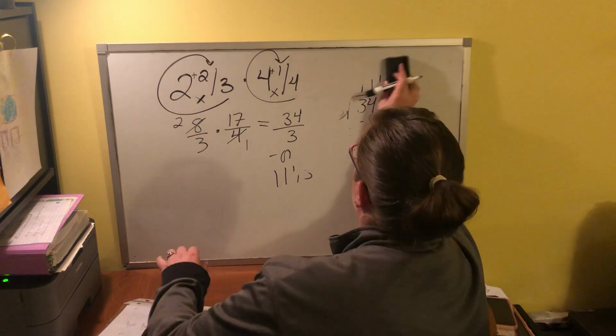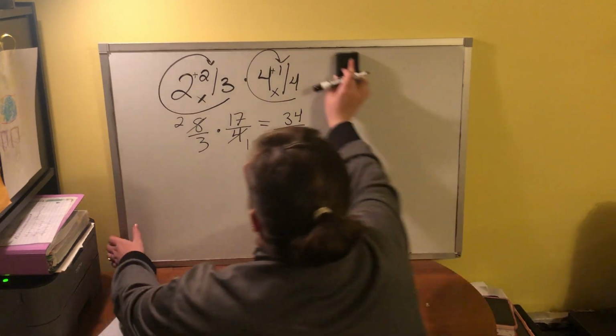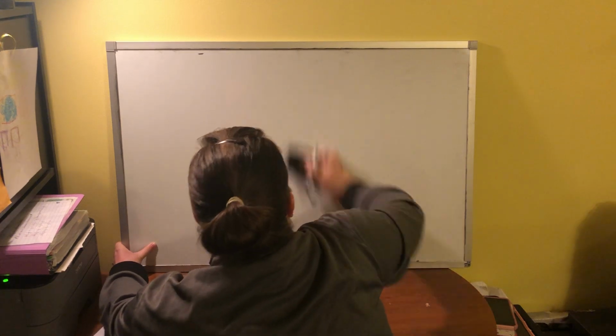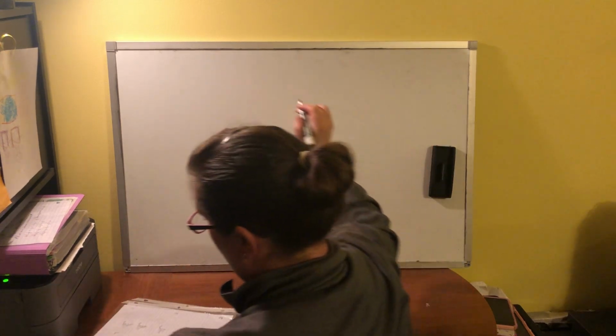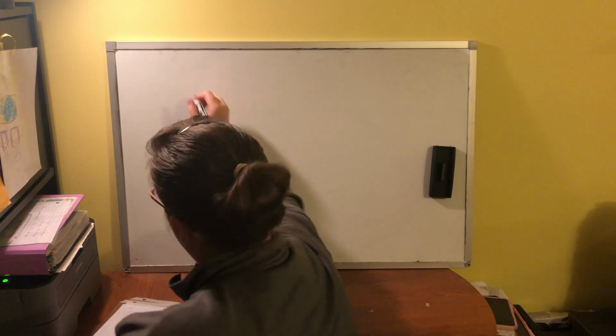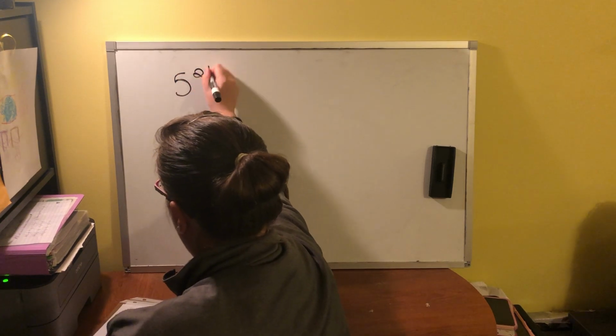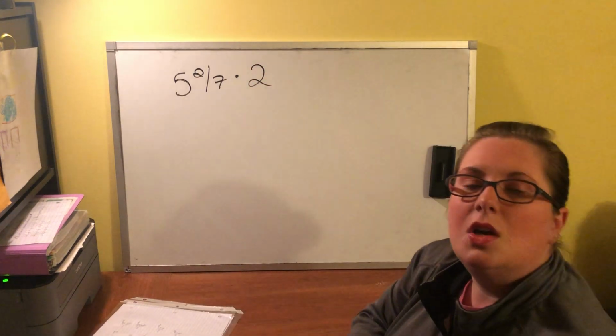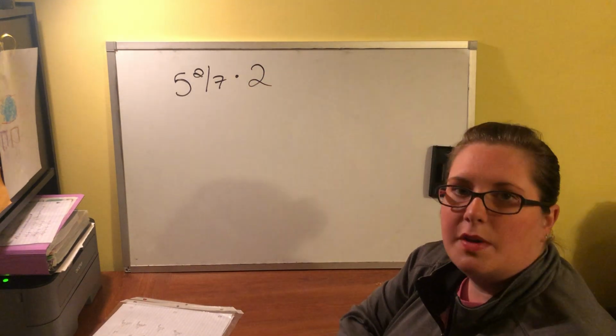Another way they could be giving these problems to you is a mixed number and a whole number. Okay, so let's do an example like that. So they could give you 5 2/7 times a whole number 2. So same thing, you can only multiply fractions by fractions.